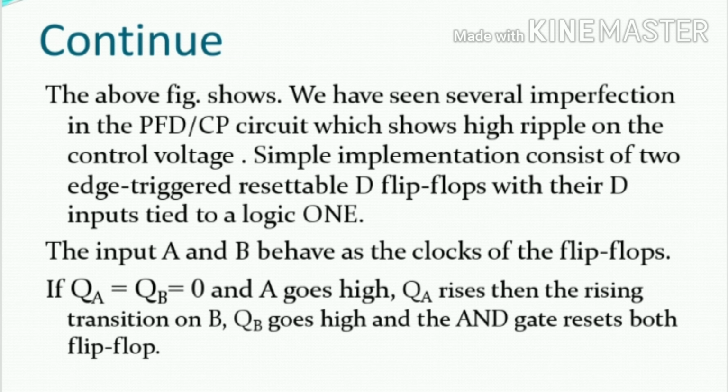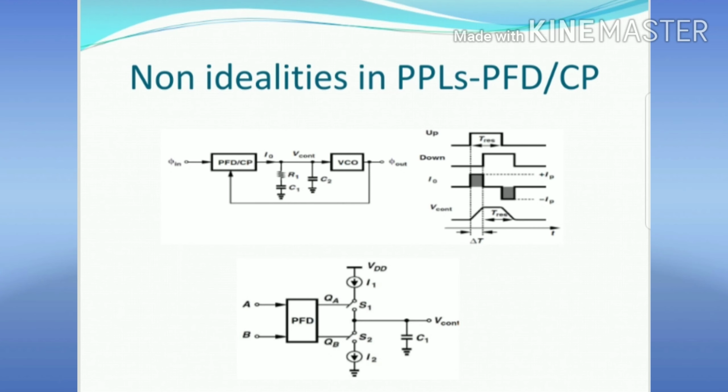The inputs A and B behave as the clocks of the flip-flops. If QA equals QB equals 0 and A goes high, QA rises. Then on the rising transition of B, QB goes high and the AND gate resets both flip-flops.